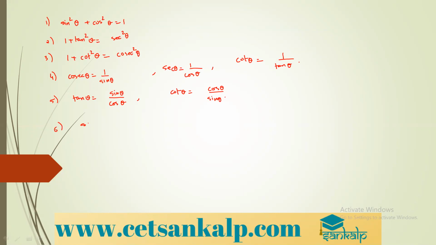The next is secant theta plus tan theta is 1 by secant theta minus tan theta. These identities only you can rearrange and form many more new formulas, like cosecant theta plus cot theta equal to 1 by cosecant theta minus cot theta.